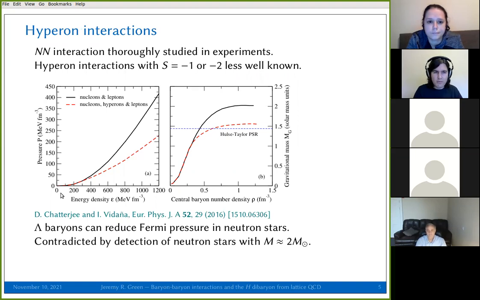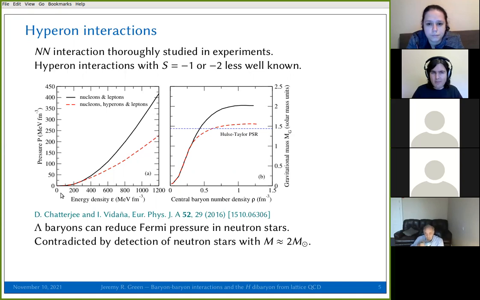If you allow another species, if you allow lambda baryons to exist in a neutron star, then this can relieve the Fermi pressure, and this leads to quite different predictions of the properties, and in particular the maximum mass of neutron stars.